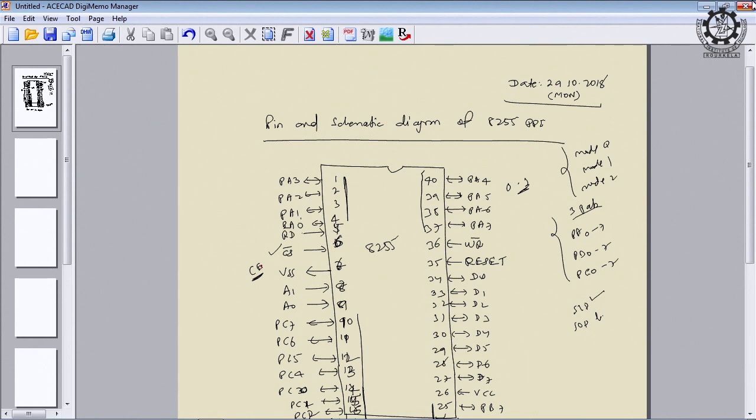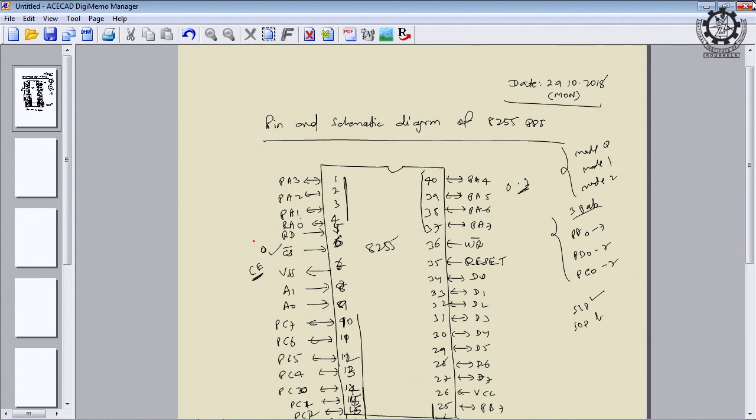Unless you select or enable this particular IC, no ports will function. In order to make any of these ports functional for input or output data transfer, you have to first enable that IC. But usually this chip select signal is an active low signal.